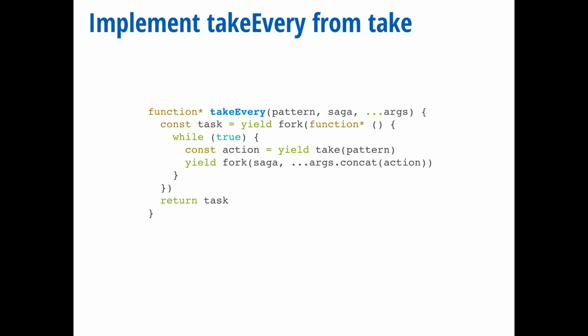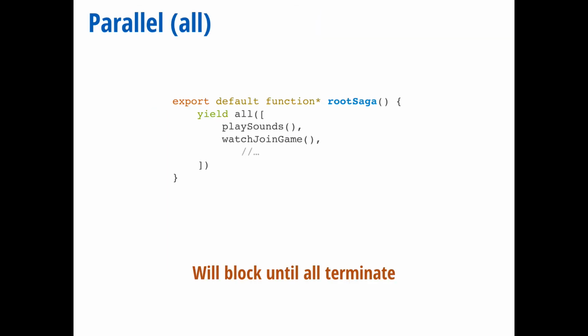So you see that you can build other complex constructions from smaller building blocks. Okay, right. Then we have stuff for running things in parallel, like for instance all. We say all, then it will launch all these sagas in parallel and will block until all terminate, as if it was just calling one single saga.